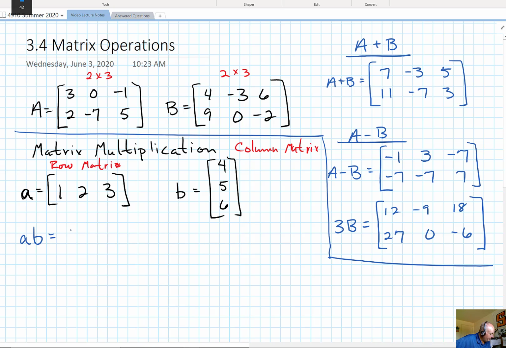You basically take the first entry times the first entry, right? First times first. Then you're going to do second times second, plus third times third.